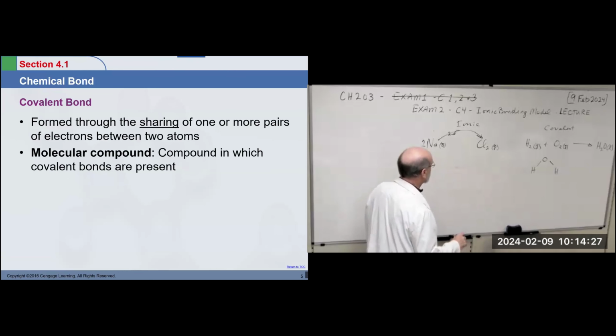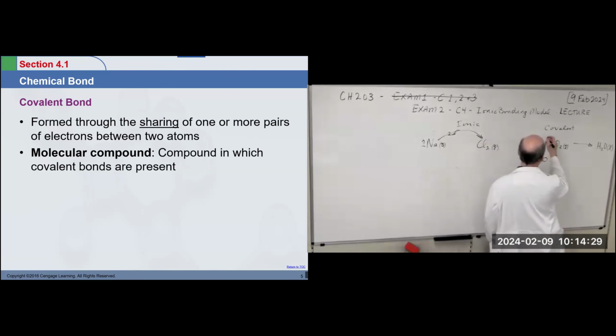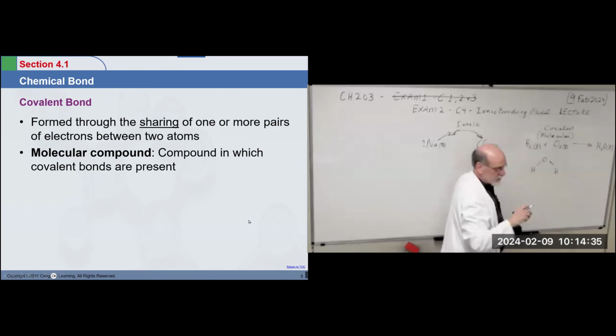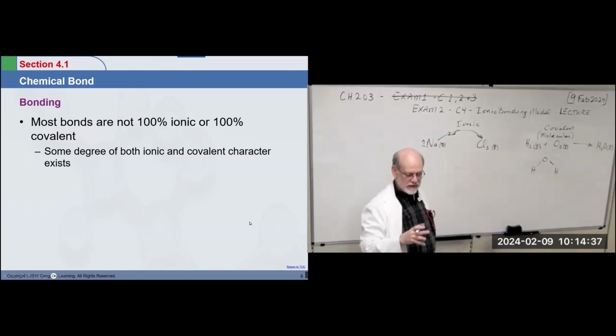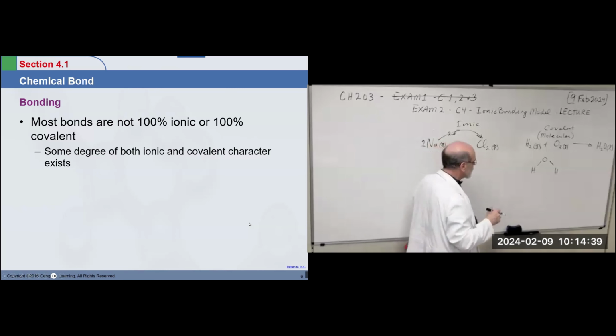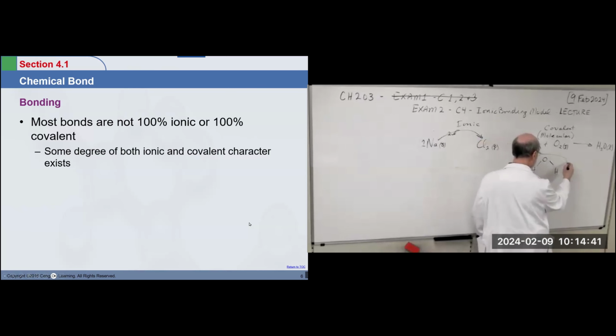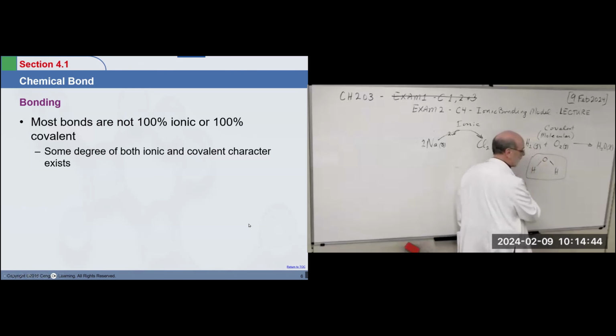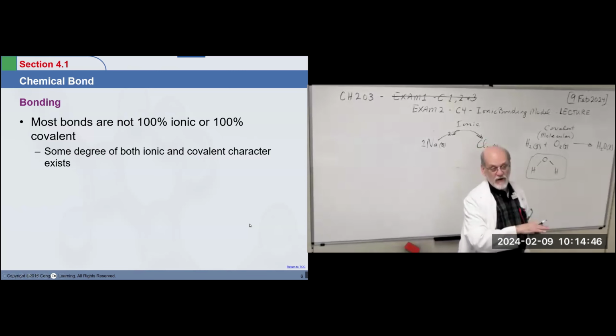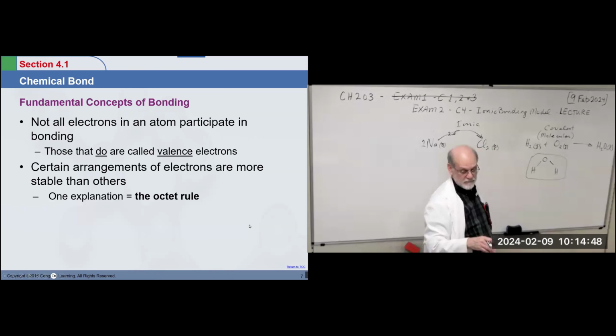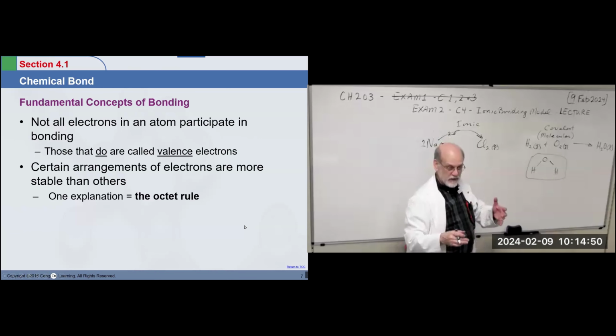The covalents are often called molecular compounds. Because when you share electrons to form the bonds, you form this unit. And it acts independently of all other water molecules. They do interact with one another, but they're single units.